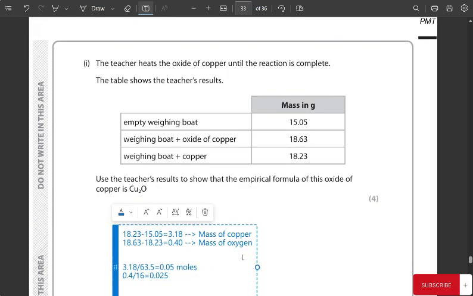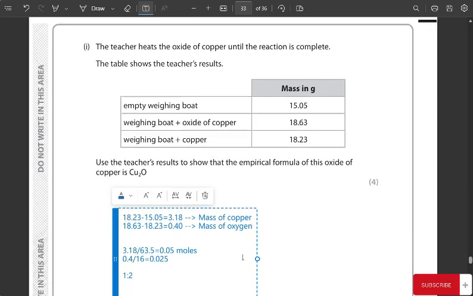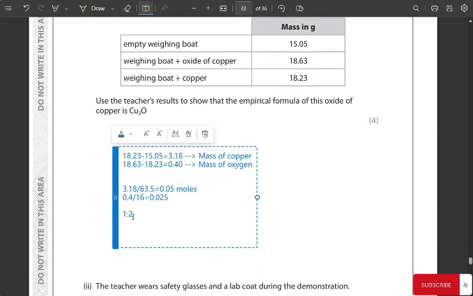Okay, now the ratio is 2 to 1, and it will be copper to oxygen.